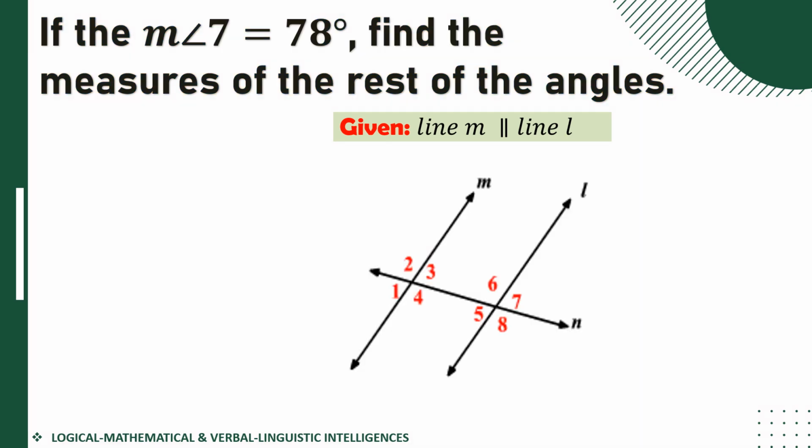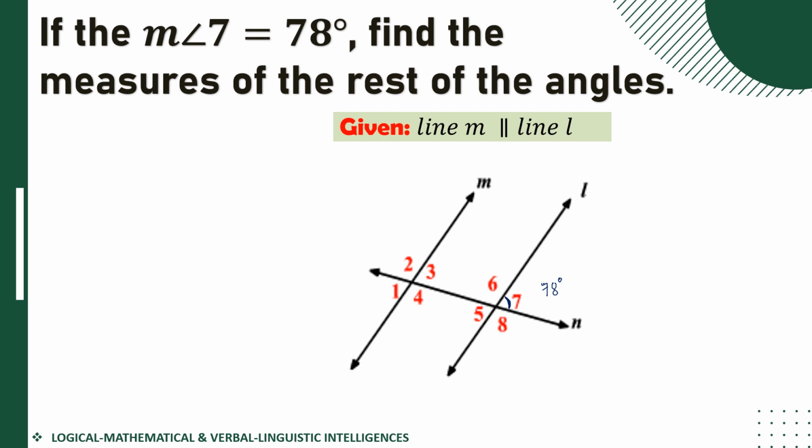If the measure of angle 7 is 78 degrees, find the measures of the rest of the angles. Alright, so same manner a while ago, I'm going to put here the given so that it would be easier for me to analyze the data. So angle 7 is 78 degrees.